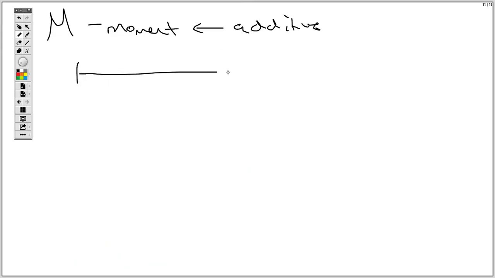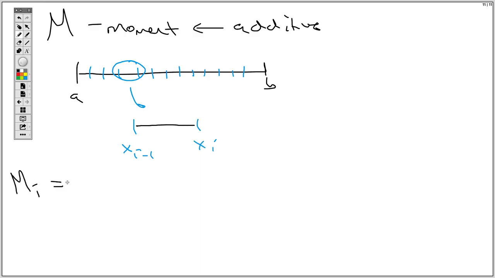So if you take this wire from a to b and chop it up into these pieces, and you're trying to find the moment, well, looking at each piece from x sub i minus 1 to x sub i, we'll let m sub i be the moment about the origin of the ith piece.